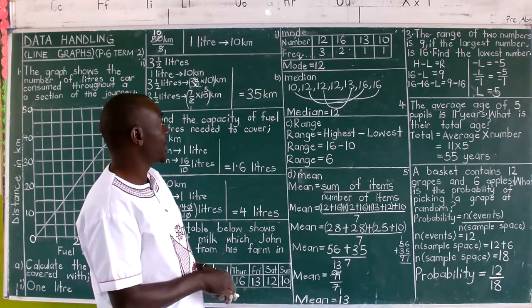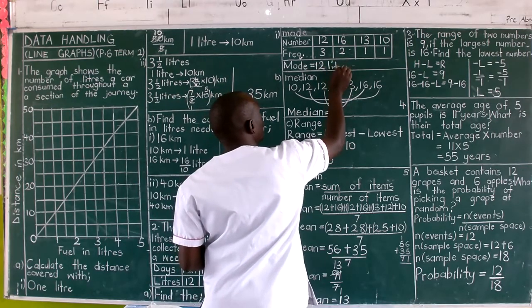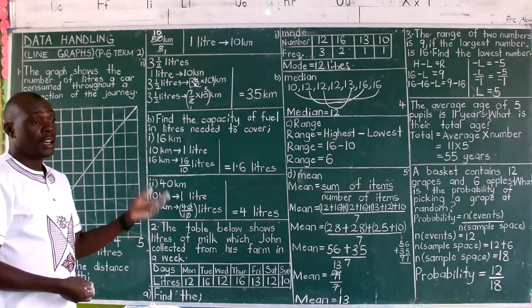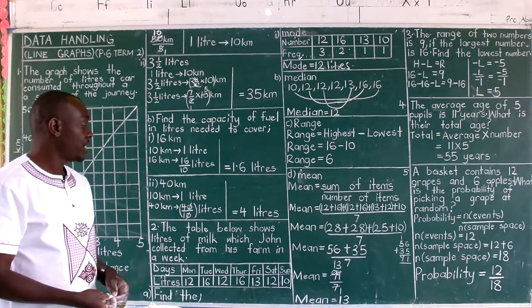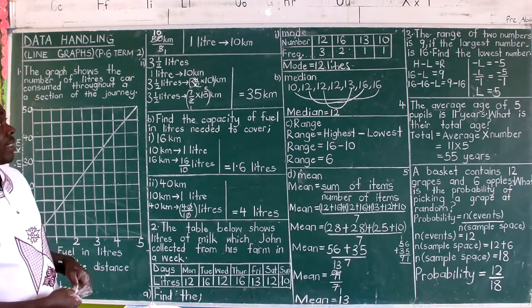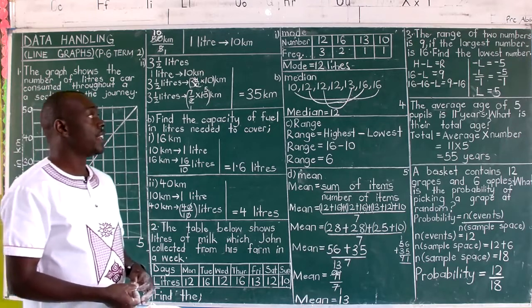Put here liters of milk, so 12 liters. You can as well stop at 12 or put 12 liters. So 12 liters were collected more often than other amounts. That's how we find the mode.